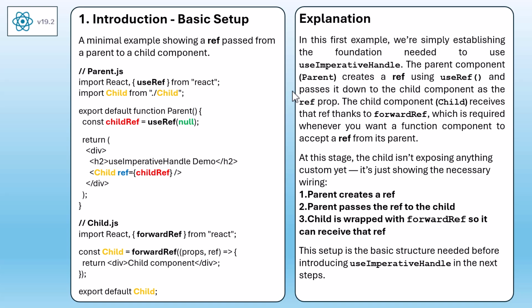At this stage, the child isn't exposing anything custom yet, it's just showing the necessary wiring. 1. Parent creates a ref. 2. Parent passes the ref to the child. 3. Child is wrapped with forwardRef so it can receive that ref. This setup is the basic structure needed before introducing useImperativeHandle in the next steps.